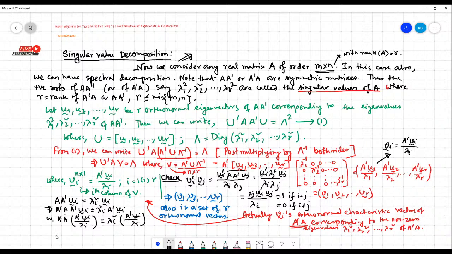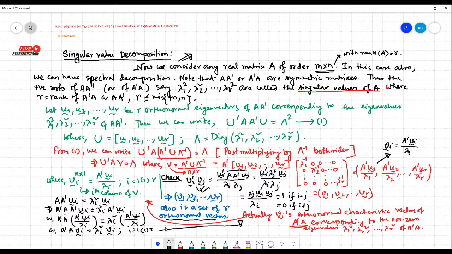From here, Vi curl equals A prime Ui curl by lambda i, so A prime A Vi curl equals lambda i square Vi curl, where i is from 1 to r. Hence we can make this statement: the Vi curl are characteristic vectors of A prime A, and we see that they are also orthonormal.